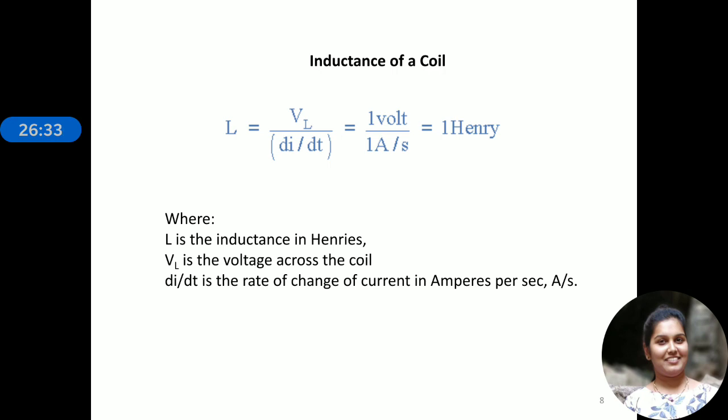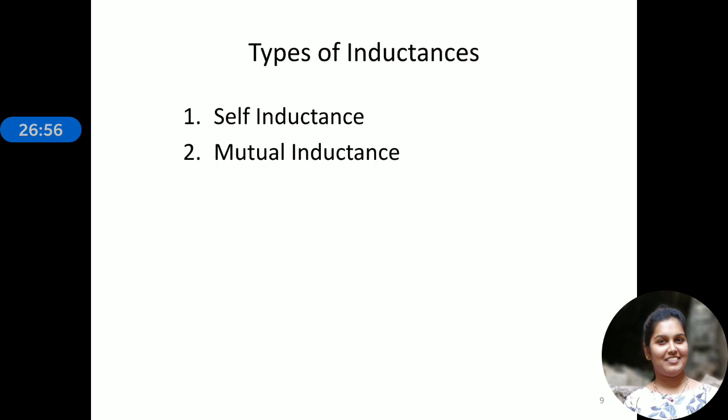It is the opposition offered by the inductor to the rate of change of current flowing in the coil. Inductors generally exhibit two kinds of inductance. First one is self inductance and the other one is mutual inductance.